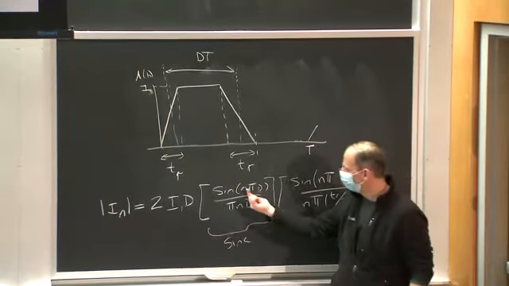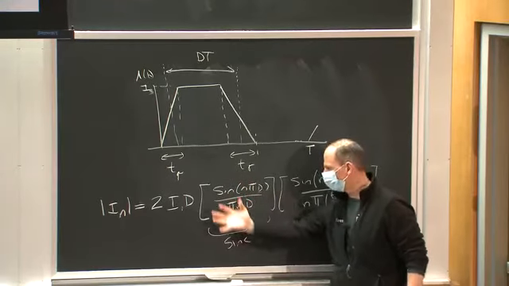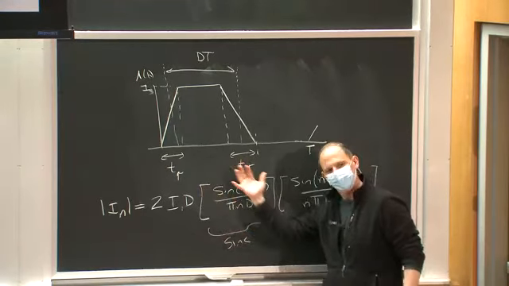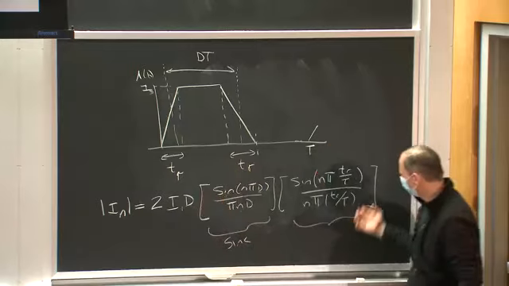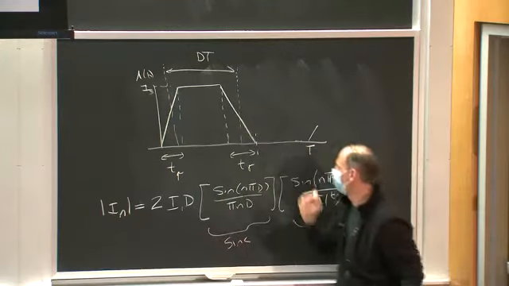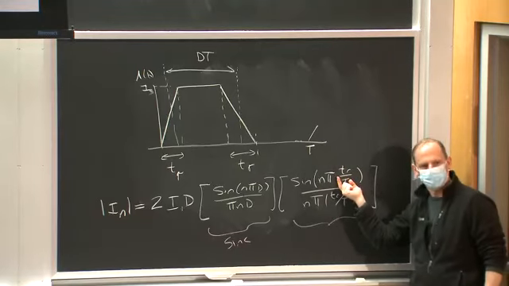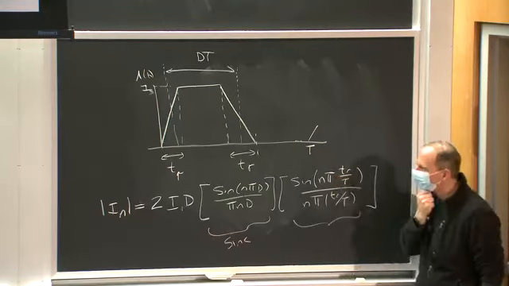And this is for the nth harmonic, so it's at the nth frequency, right? So this is multiples of the switching frequency, essentially, where these appear. And then this sinc function is related to the slew rate normalized to the period, the percentage rise time, if you will, okay?